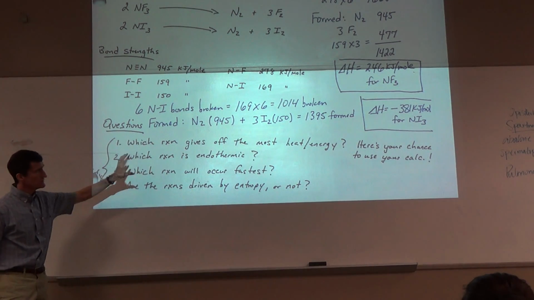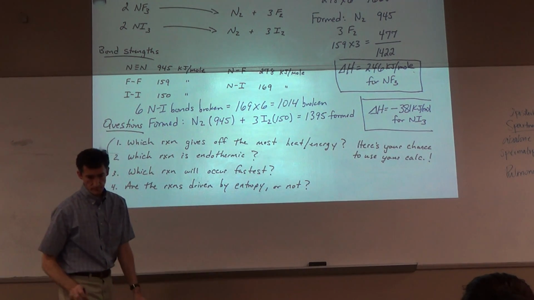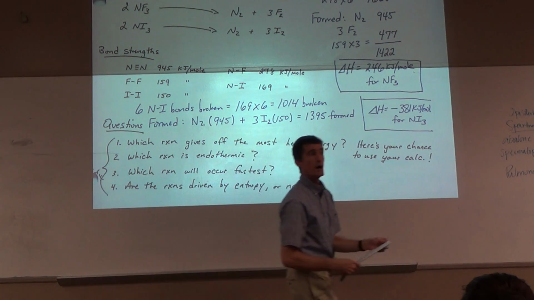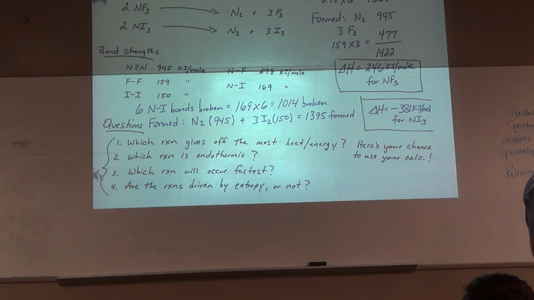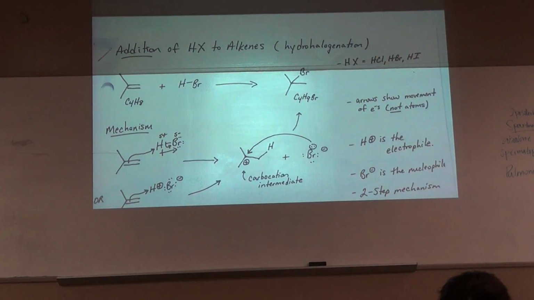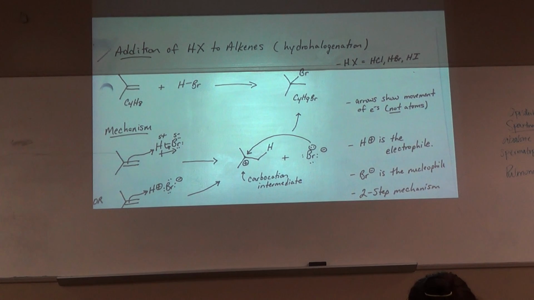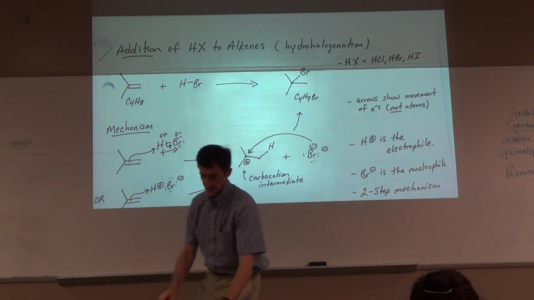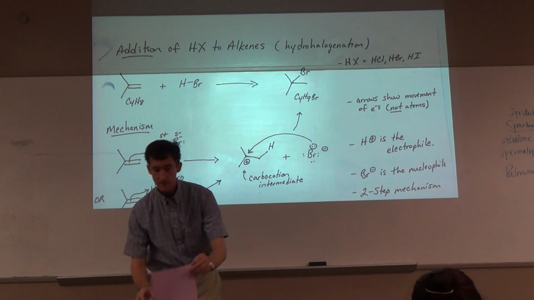Can we answer these questions? Let's look at the addition of HX to alkenes. Basically, the alkene reaction handout. We've also got the purple handout. We need to start there.